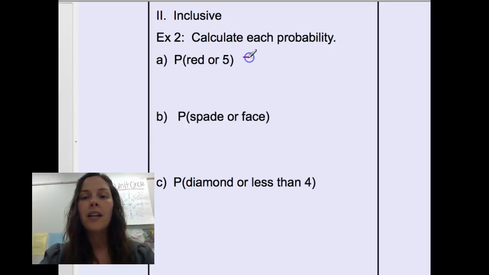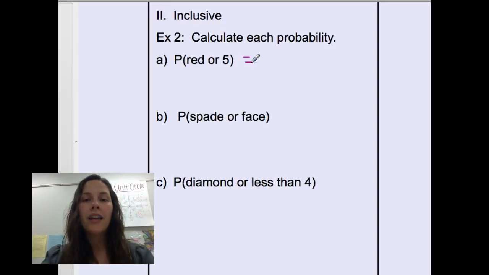All right, next let's take a look at those inclusive events, those events that can happen at the same time, and see how this probability is a little bit different. So again, can you pull one card that is both red and 5? The answer is yes, so we will need to subtract when we calculate this probability.